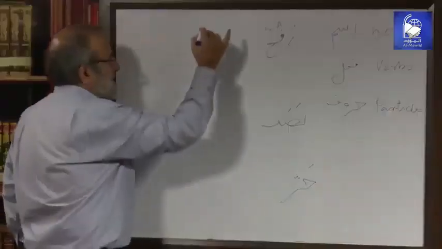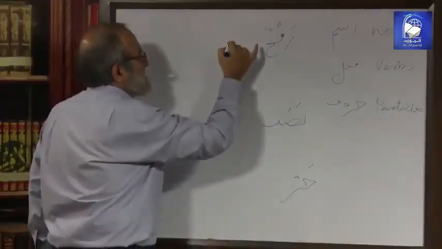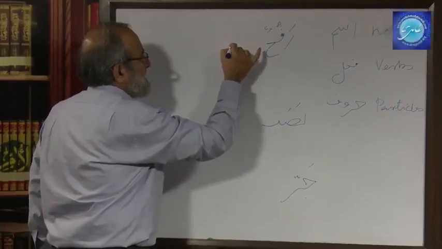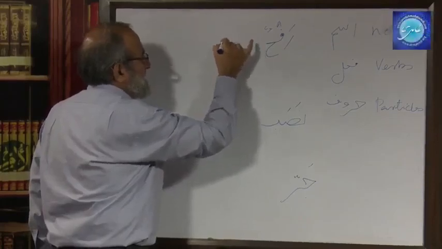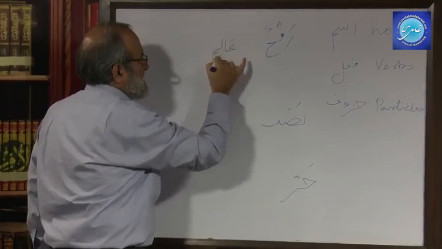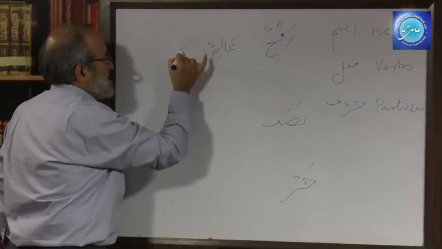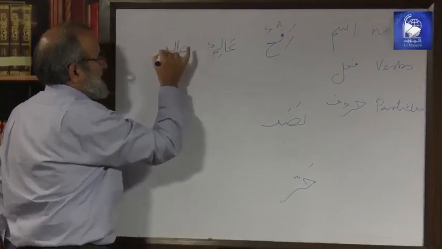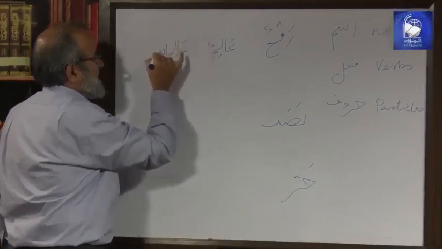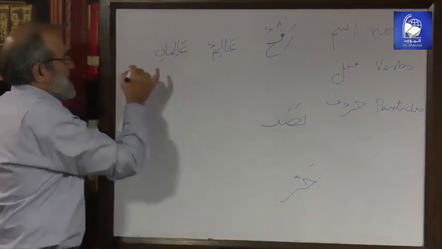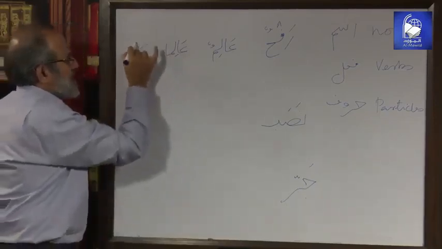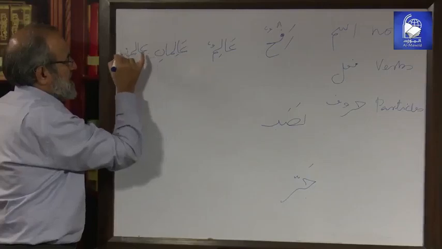Rafa, if you recall, when it's singular masculine, it's alimun. When it's double masculine, it's alimani. When it's plural masculine, it's alimuna.